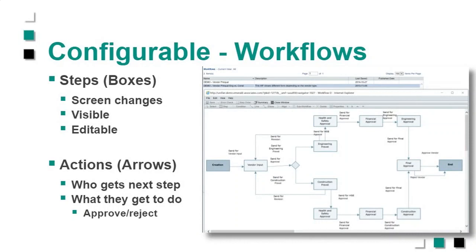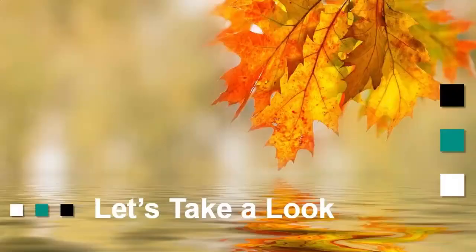So you want to make sure you're targeting the data to the right people at the right time. Okay, so that's an overview of Unifier, and what we're going to do now is I'm going to jump in and actually show you the tool in action.